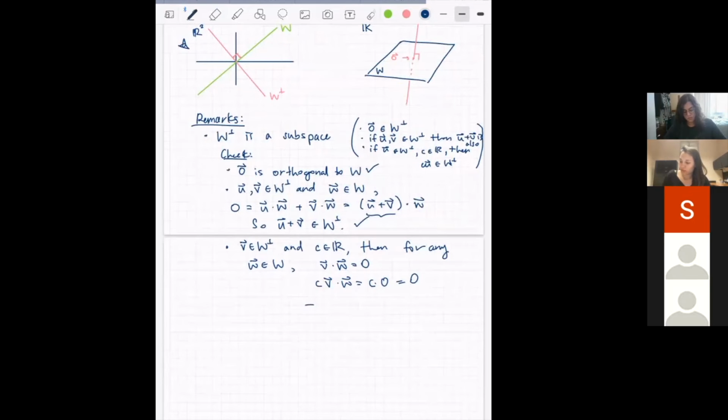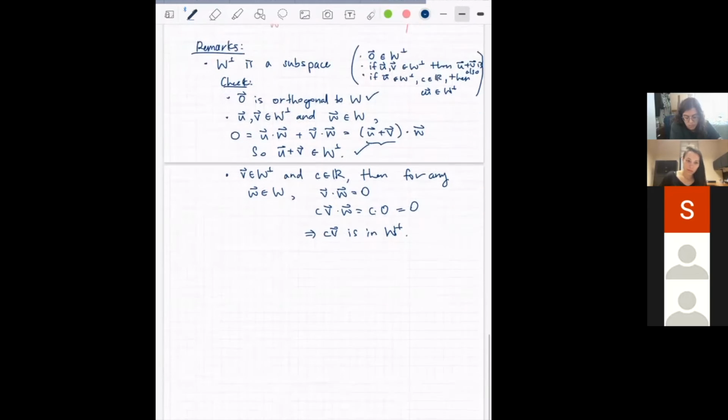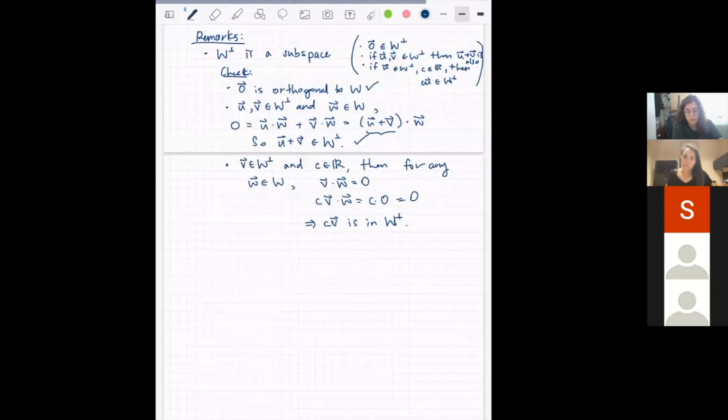Which means that C times V is in W perp.